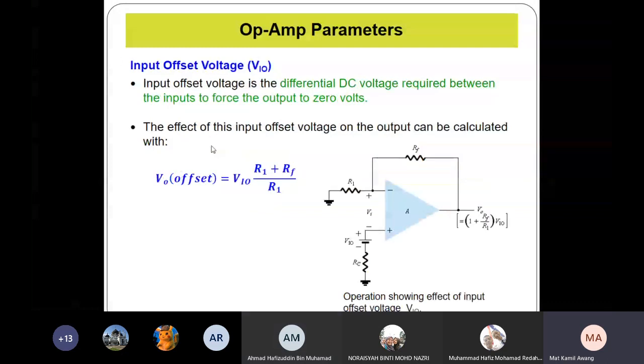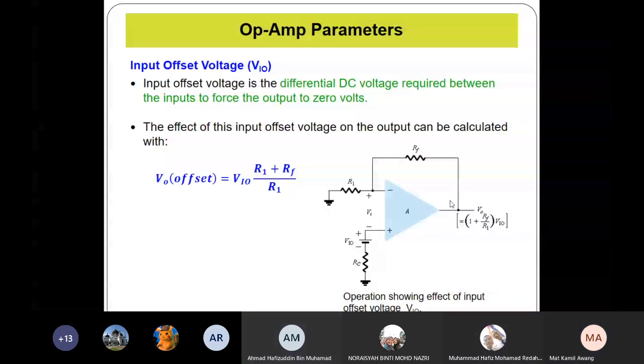What is the input offset voltage? The input offset voltage is the differential DC voltage required between the inputs to force the output voltage equal to 0. Basically, what is this voltage, the VI, which is required to make sure that the output is 0?